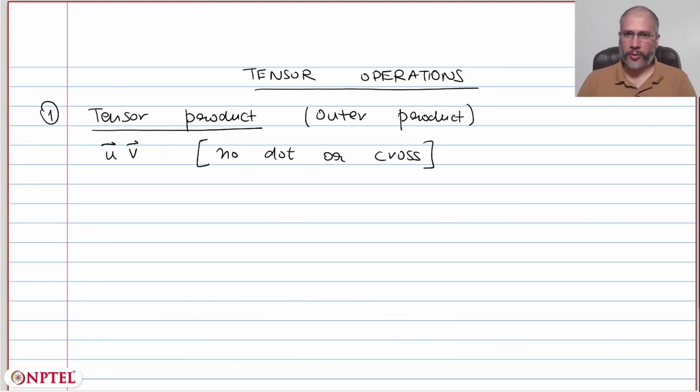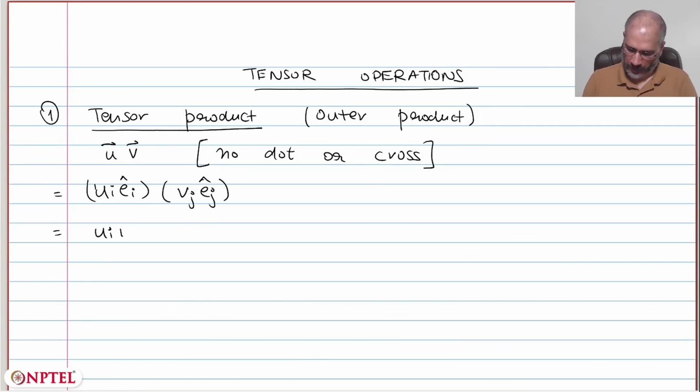So if I was to use the indicial notation, this would be ui ei times vj ej. And if I move the scalar components to the left, this becomes ui vj followed by ei ej.